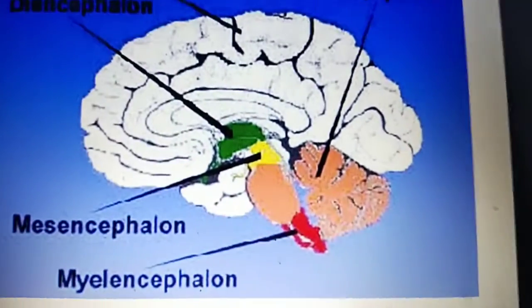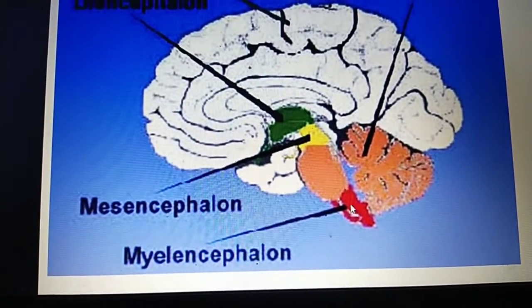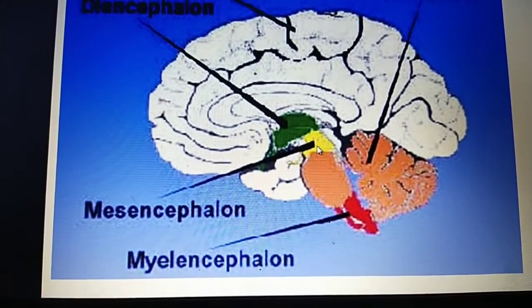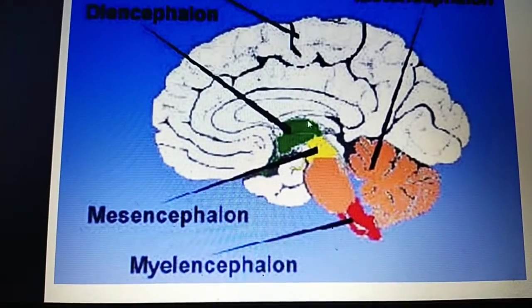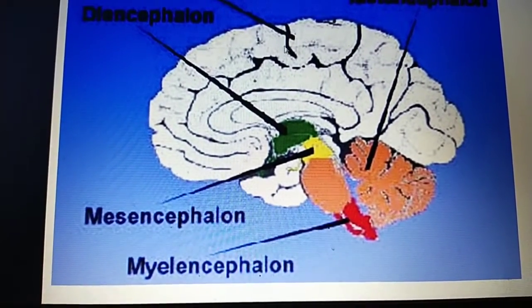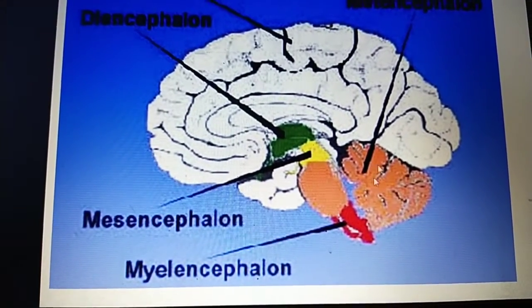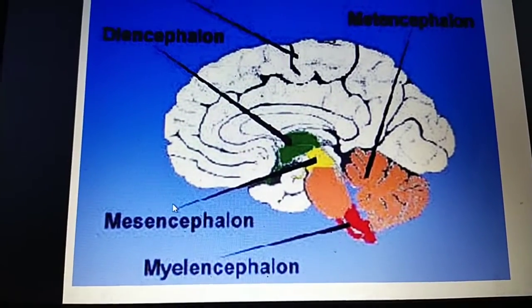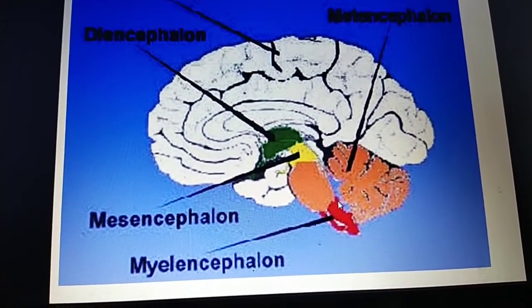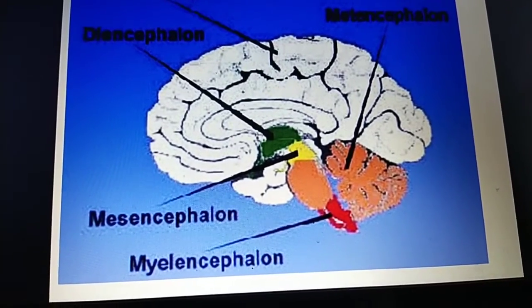You can see here, this is the medulla oblongata, this is the pons, this is the midbrain, and this is the thalamus.